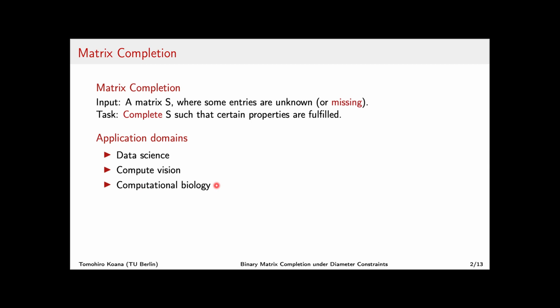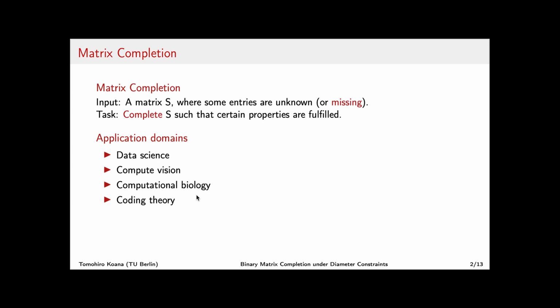Another application domain is computational biology, where we are given DNA sequences as rows. But some parts of the sequences might be missing. Naturally, we would like to figure out what the missing entries are so that we have the complete sequences.